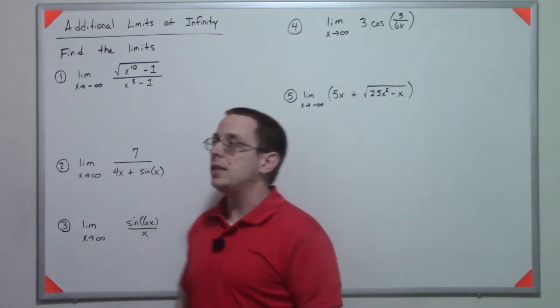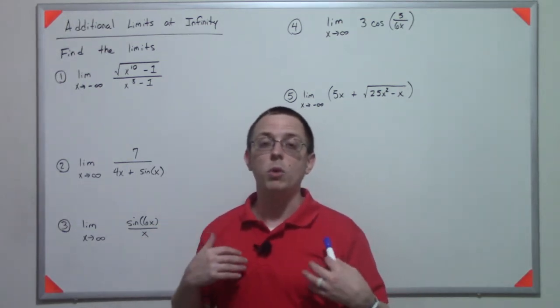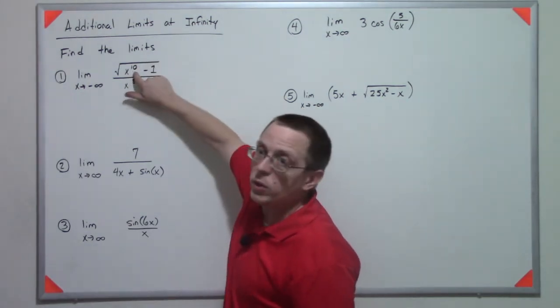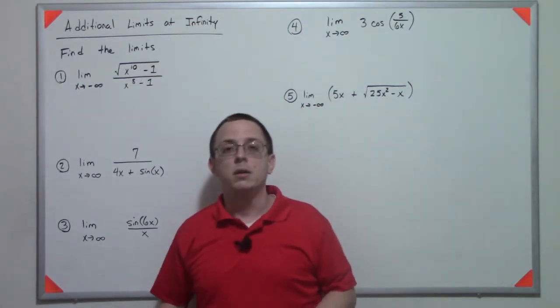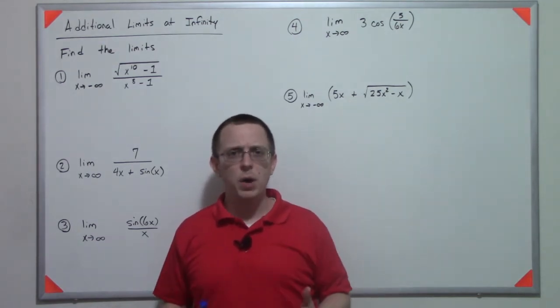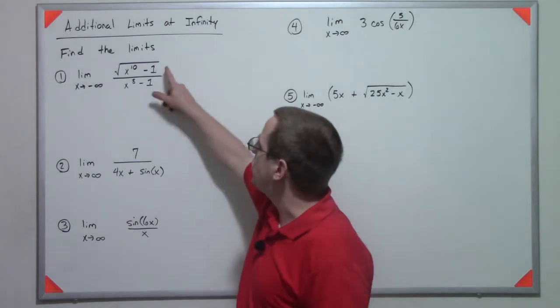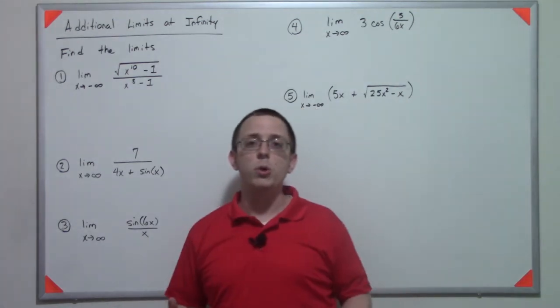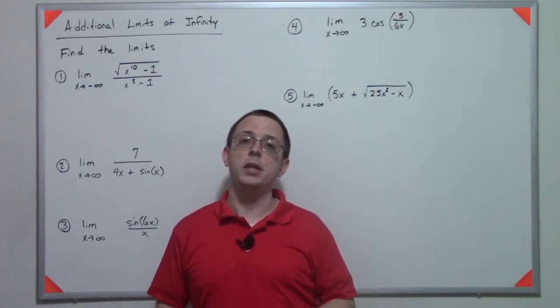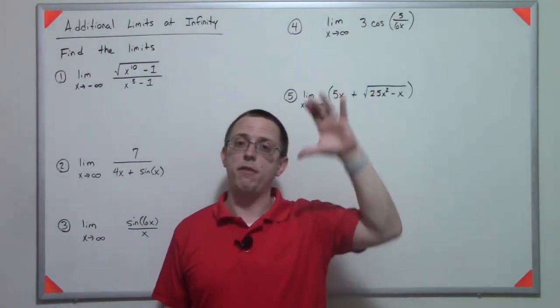So what that means is that when you're looking at going towards infinity, you don't have to worry about that -1. You really only have to worry about that x to the 10th. But the big thing is that we have this square root. The square root is a 1/2 power, so you can write it that way.